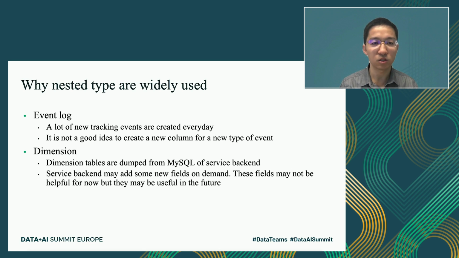Let's take the tracking events as an example. A lot of new tracking events are created every day, and for each type of event log, there are many subfields, a few or tens of subfields for each type. If we store all the subfields in separate columns, there may be millions of columns in each Hive table.